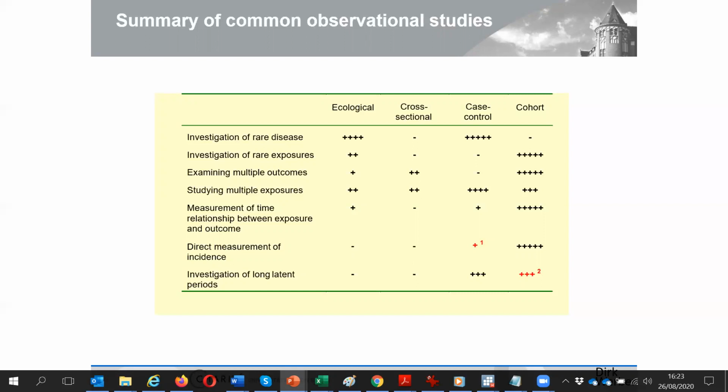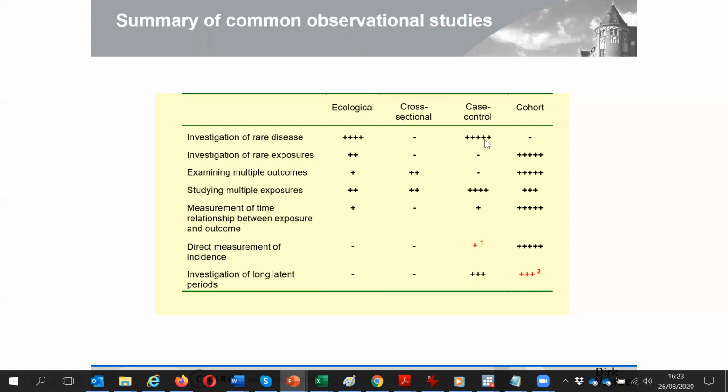So in terms of investigating rare diseases, ecological studies and case control studies are the best. And in terms of investigating rare exposures, cohort studies are the best, but ecological studies can also do the same job. Remember from the previous lecture, for case control we select our study participants based on the outcome, which is the disease.